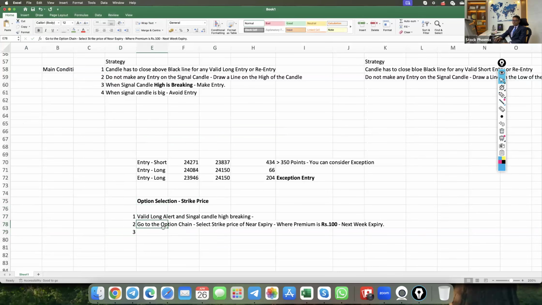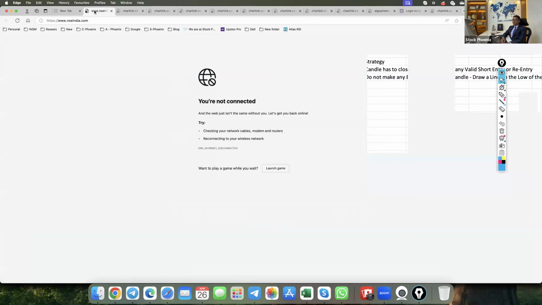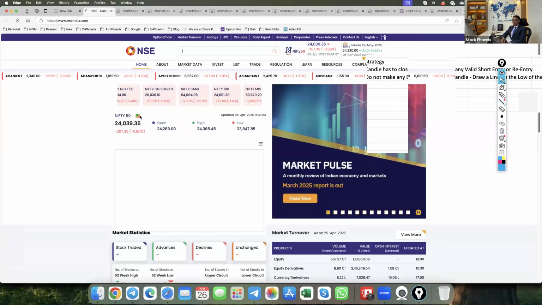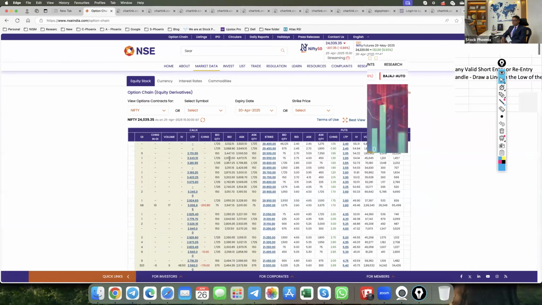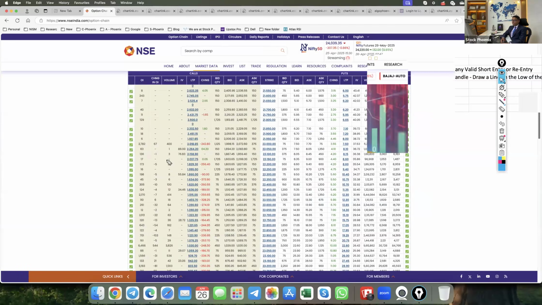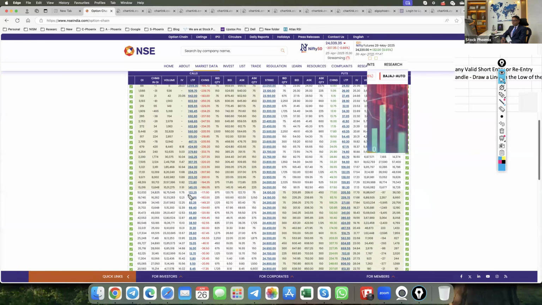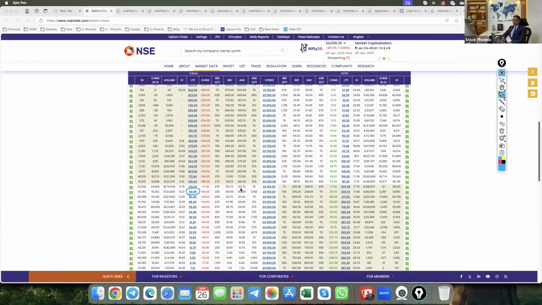Nobody has the patience. So when you get a valid long signal, go to the NSE option chain and see where the strike price is trading at 100. Currently, this is at 100 rupees. So the 24,100 call option you can pick.